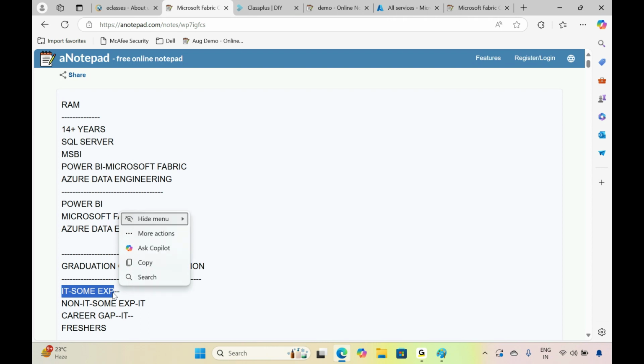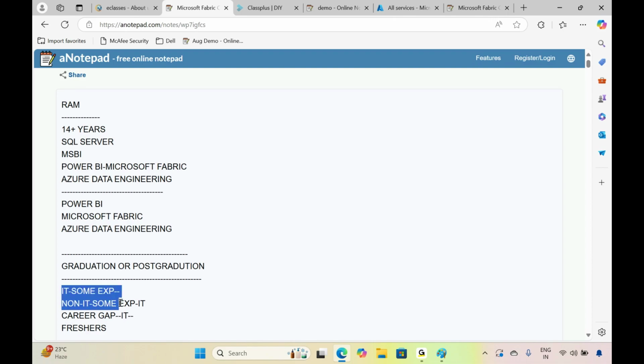Similarly, some non-IT experience people also. Non-IT experience means you are working as a recruiter, HR, civil, mechanical, customer care. This is the second category. They want to switch into IT by learning the latest technology in the market.